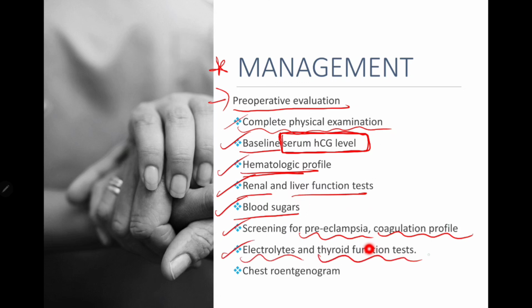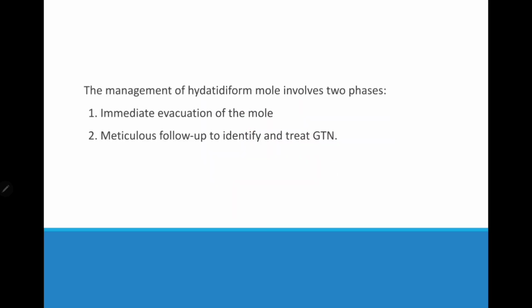Electrolytes and thyroid function tests are taken, and a chest X-ray is done to rule out metastatic disease to the lung. So, very important, the pre-operative evaluation: complete physical examination, baseline serum HCG level, hematologic profile, renal and liver function tests, blood sugar, screening for preeclampsia and coagulation profile, electrolytes, thyroid function tests, and a chest X-ray.